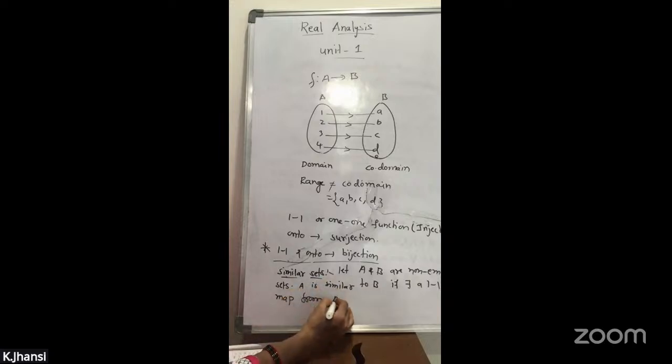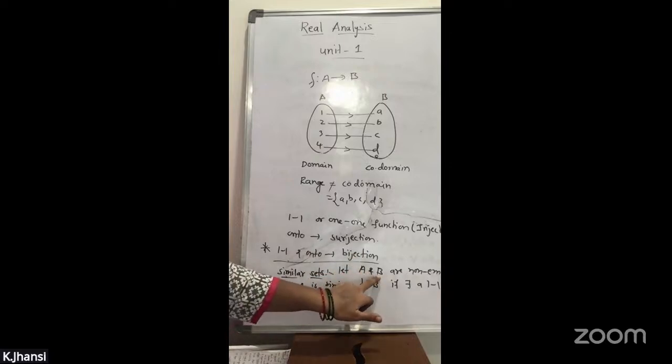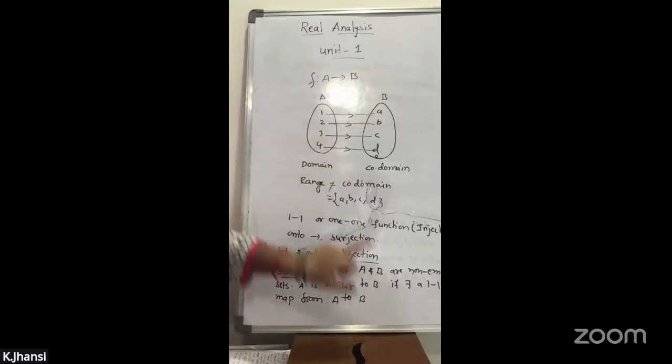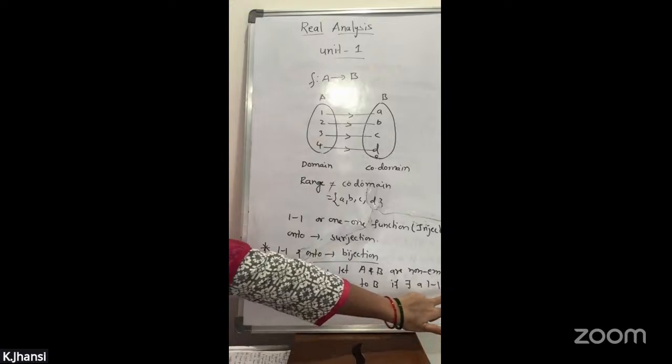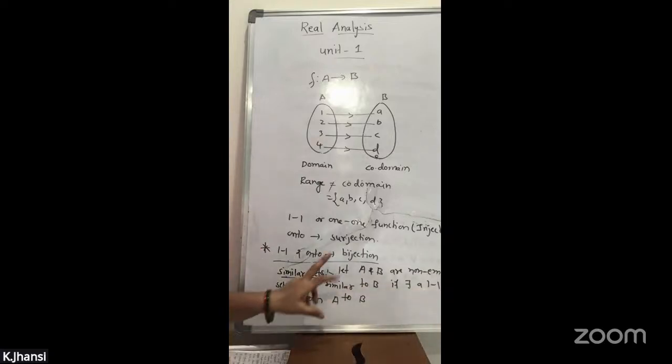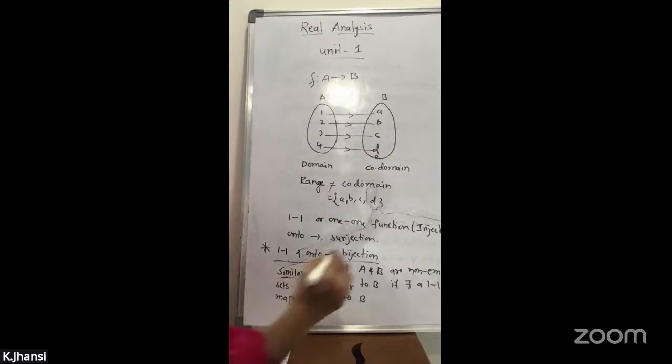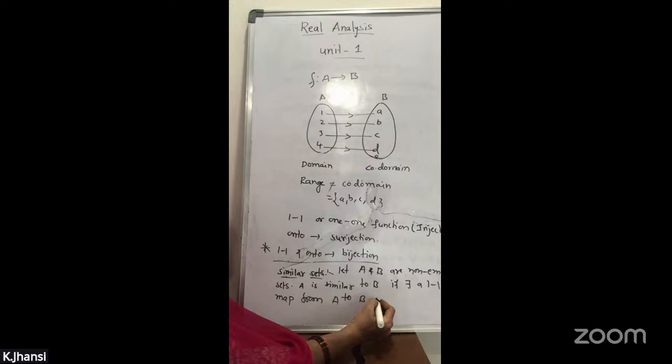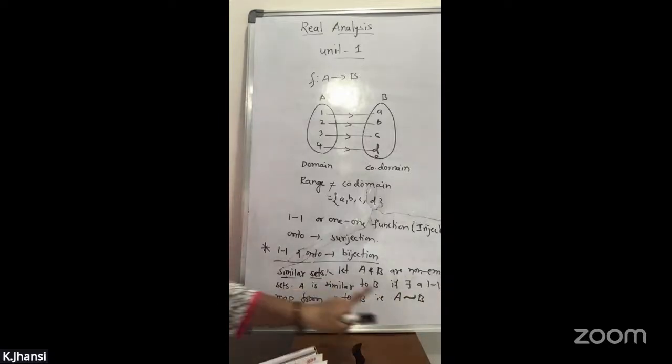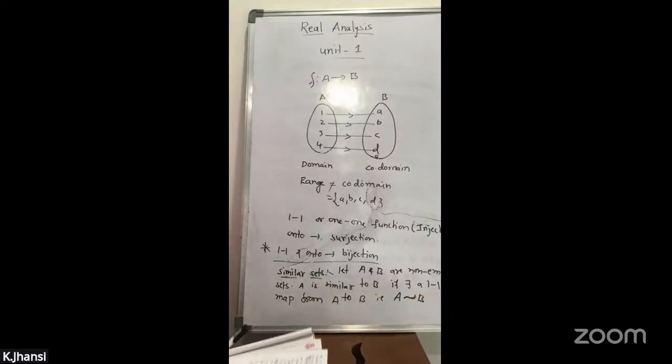A is one set, B is another set. If there is a map satisfying both one-to-one and onto, then those two sets are called similar sets. We represent it with this symbol, which is called similar. That means A is similar to B.